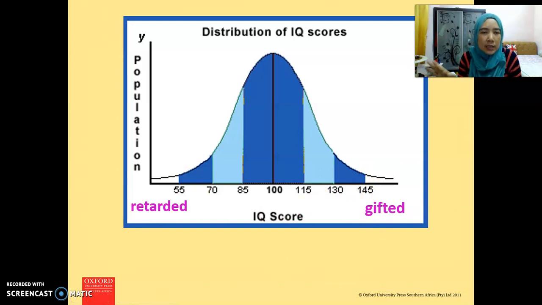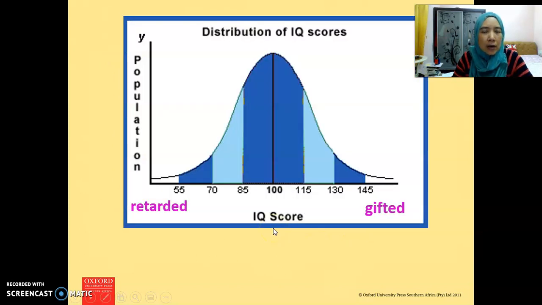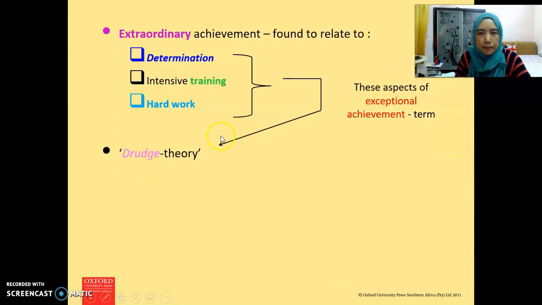You cannot differentiate much between retarded and gifted, because they are located at the end of the tails of the normal distribution. Retarded is on the left and gifted on the right, but the rest are basically the same. So it's controversial because they are more or less similar in terms of position on the skewed ends of this normal distribution.